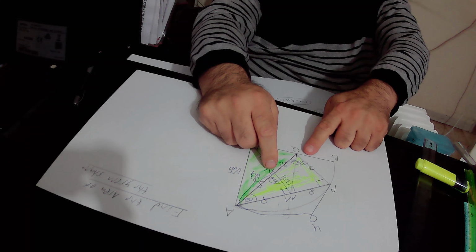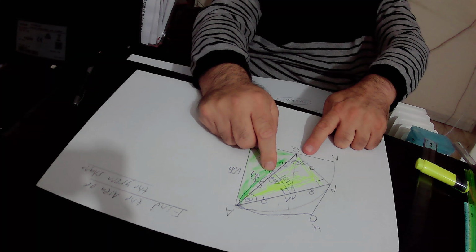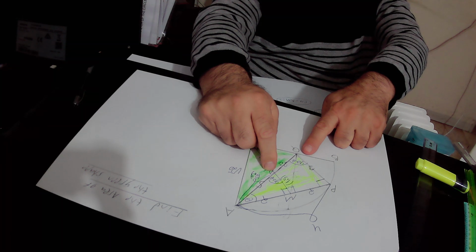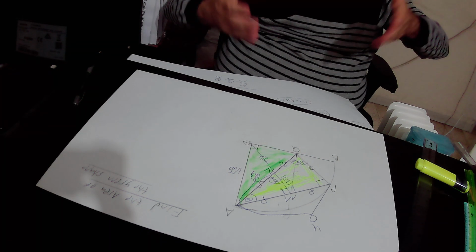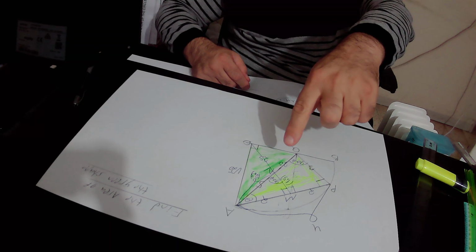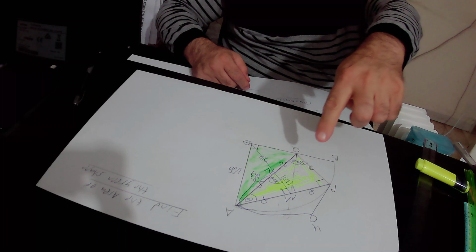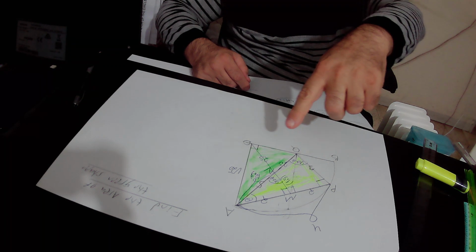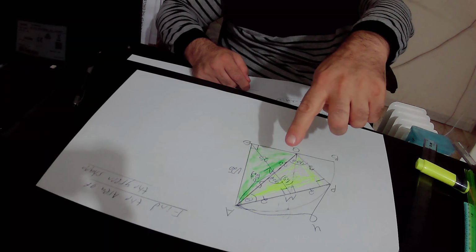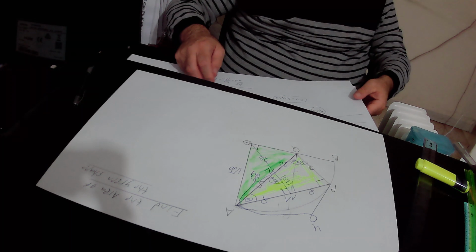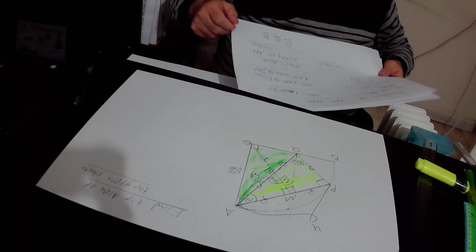And finally, those two angles are both equal to 90 degrees minus theta, therefore they are equal to each other. So we proved that all three angles in the small right triangle AMN are equal to all three angles in the big yellow triangle AQP.